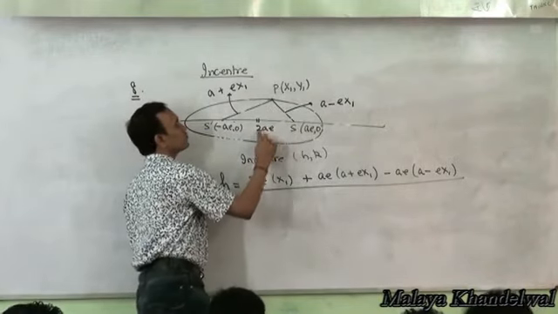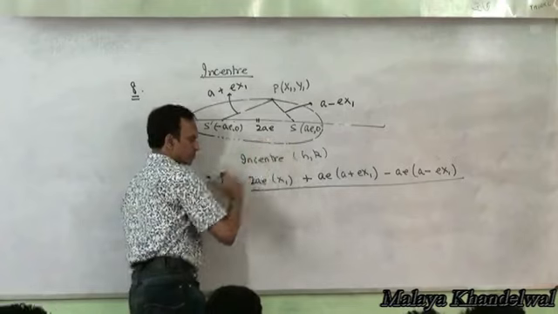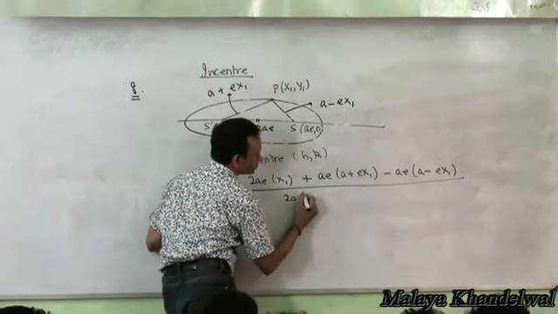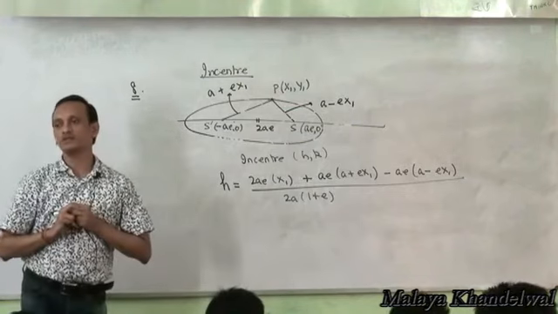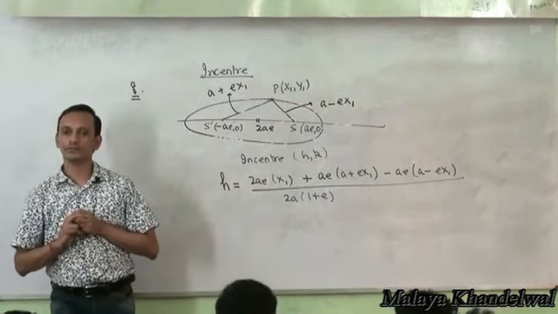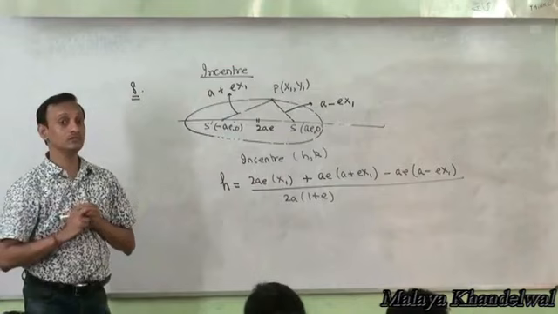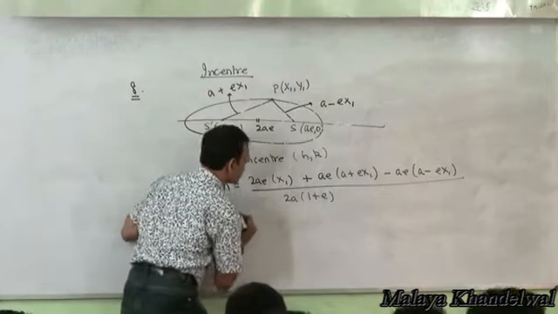This plus this is 2a, 2a plus 2ae is 2a into 1 plus e. That would be the x coordinate of the incenter of the variable triangle, right?